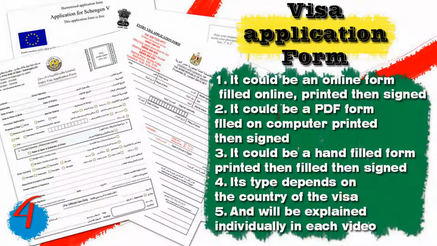It could be also a PDF form filled on computer, printed, then signed. And also it could be a hand-filled form, printed, then filled, then signed. Its type depends on the country of the visa and will be explained individually in each video.